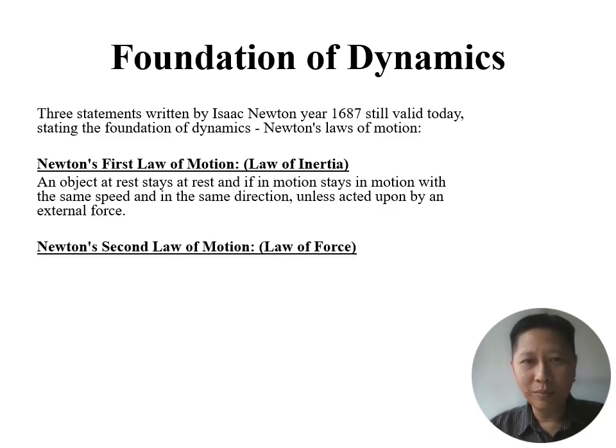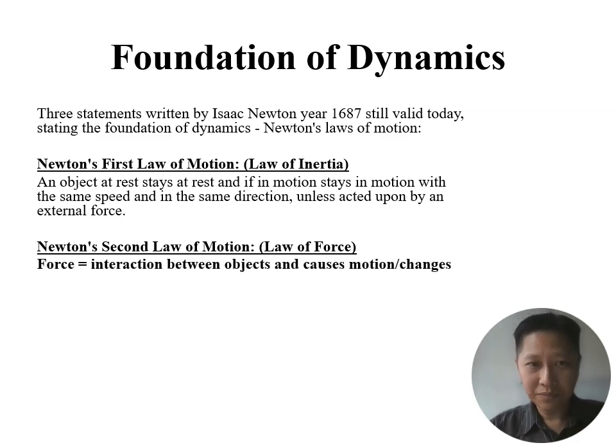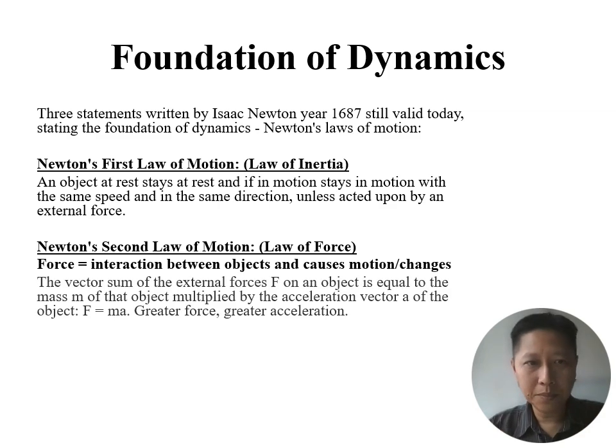The second law of motion is also called the law of force. It finds the relationship between force and motion. We can see force when two or more objects interact with each other and changes happen in their motion.